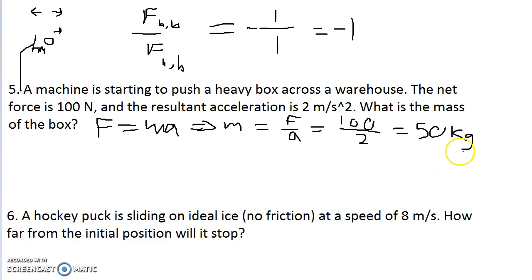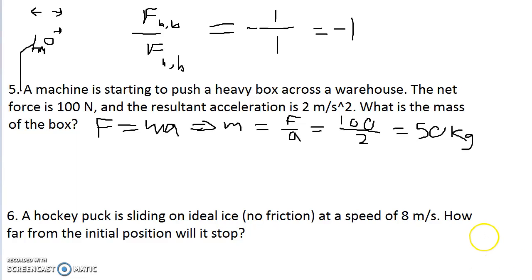Now it will be in SI units, kilograms, because here we have SI units of newtons and SI units of meters per second squared. So if you plug all SI units into a formula, you're guaranteed to get SI units out. So that will be the correct answer. So the box has a mass of 50 kilograms.